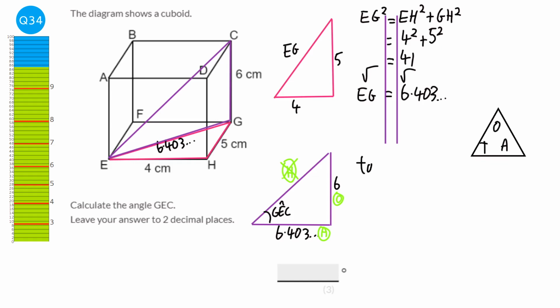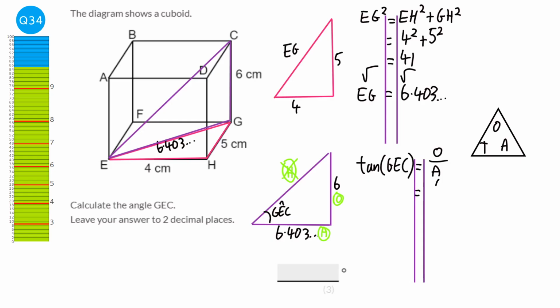So we have tan GEC equals, and that's the angle, equals the opposite over the adjacent. And let's put our tramlines in. Okay, so let's just put in what the opposite is.